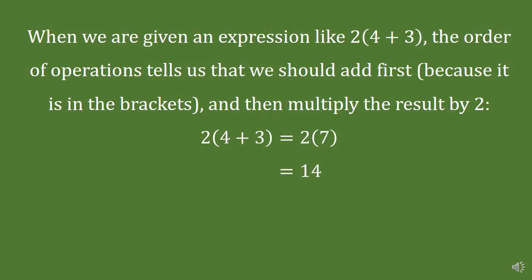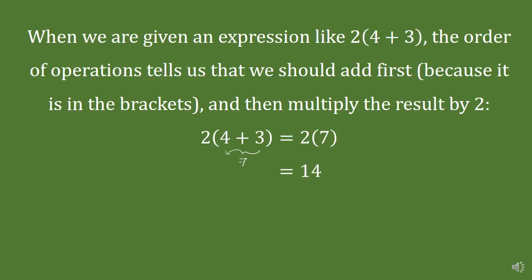So this is a demonstration of the distributive law. In fact, usually if you were asked to multiply 2 times 4 plus 3, you would use BEDMAS or PEDMAS, and you'd add these first.